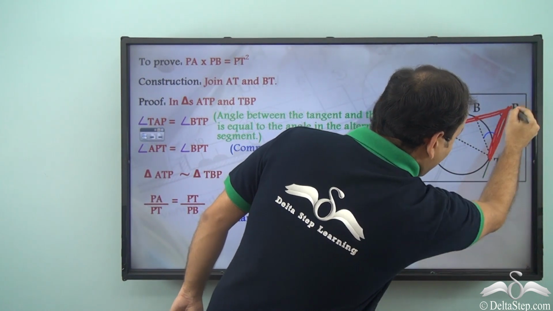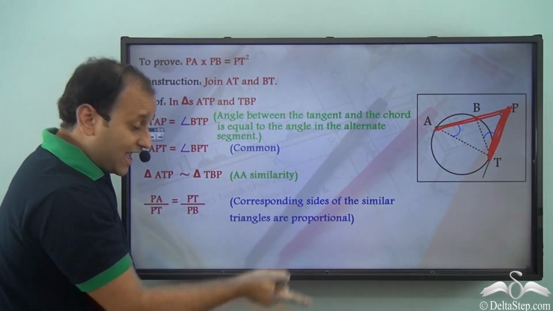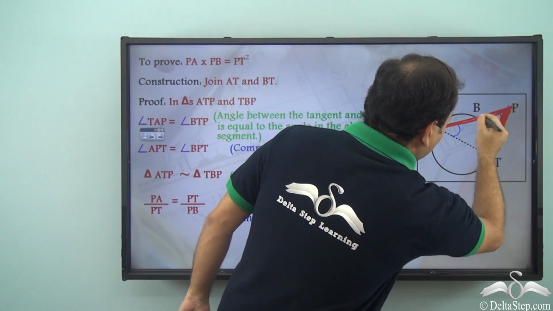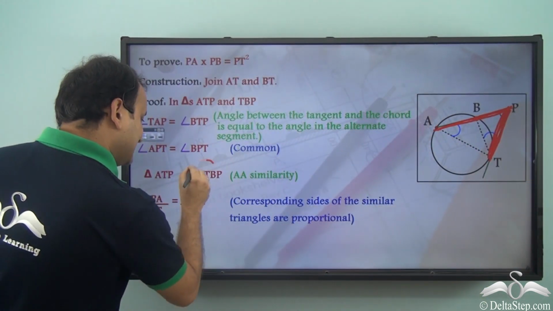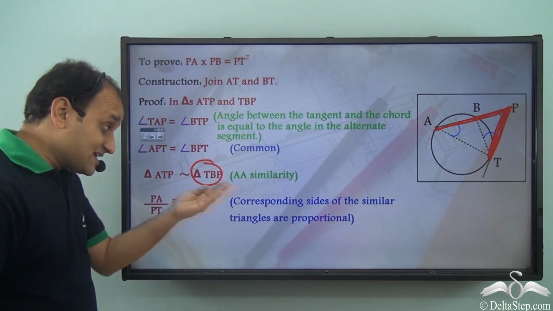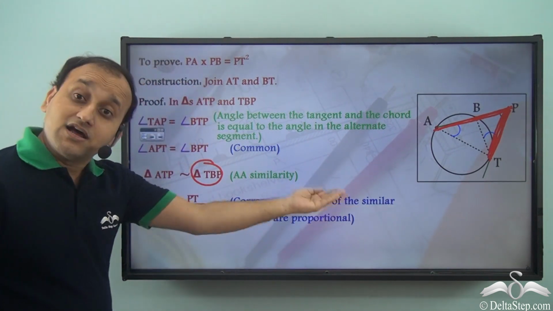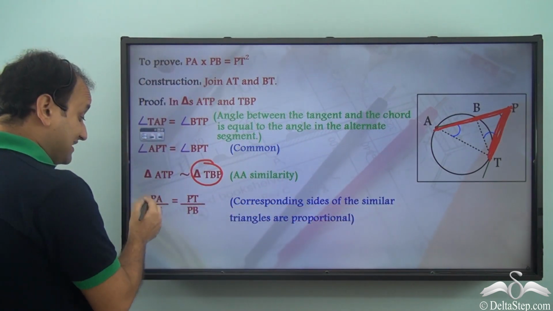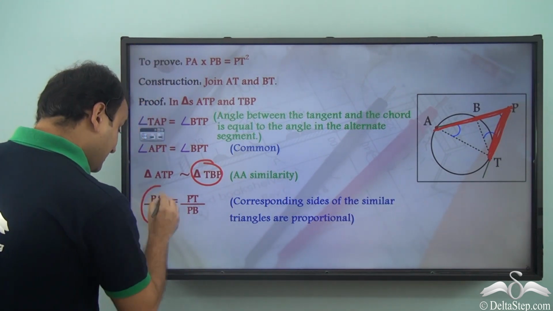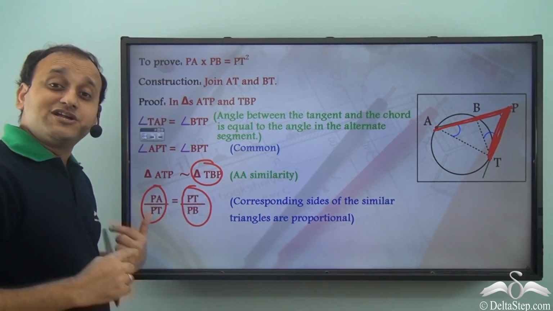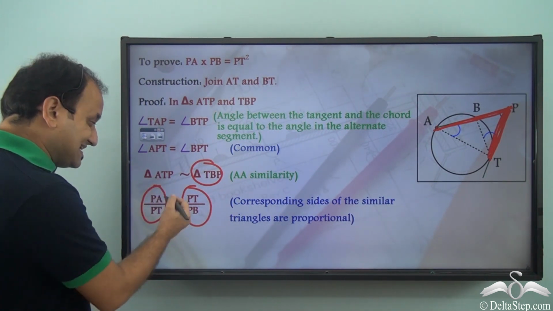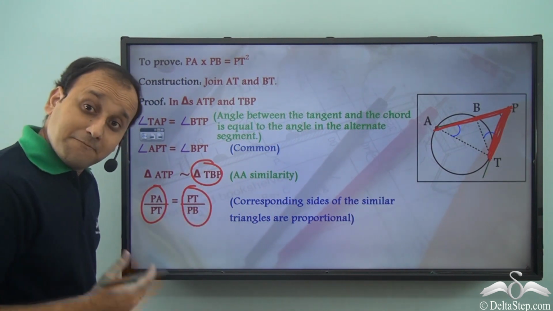PT, which is the common side for both the triangles, by PB, this particular side of triangle TBP. So corresponding sides of similar triangles are proportional. So what we did was we just found the corresponding sides and they will be proportional to each other in the case of similar triangles. So PA by PT is equal to PT by PB.